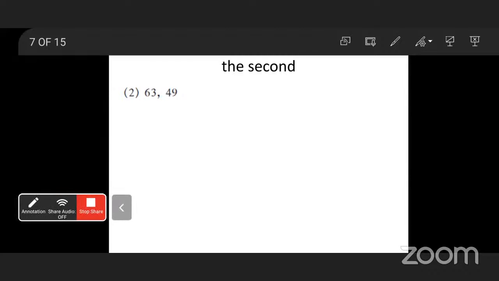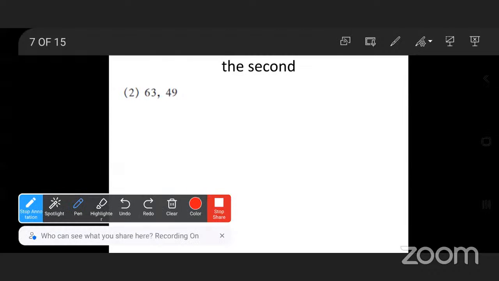Okay, all of you, find the HCF of 63 and 49. 63 and 49. 7 nines are 63, 7 sevens are 49.